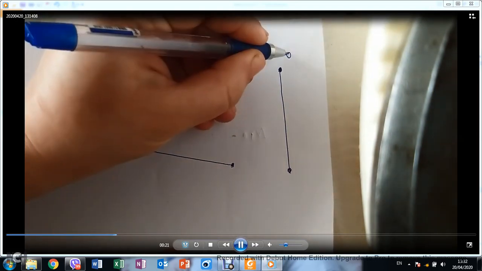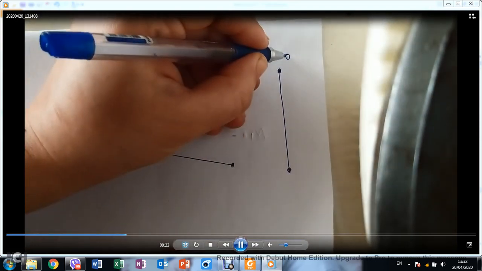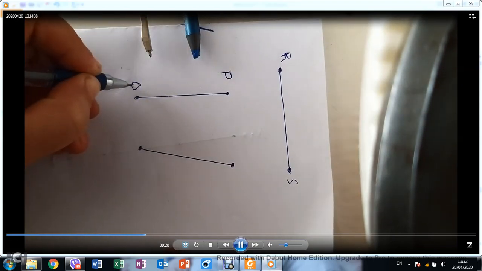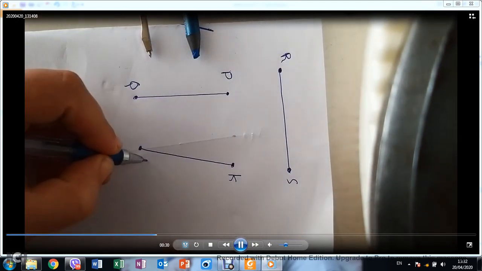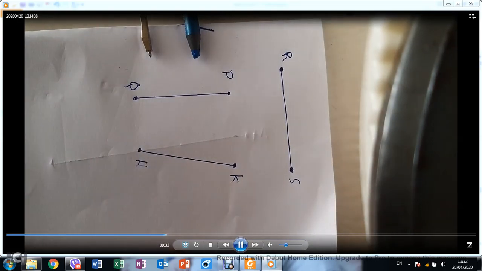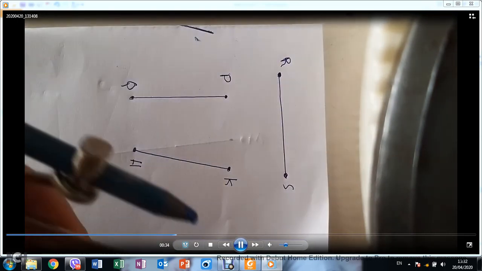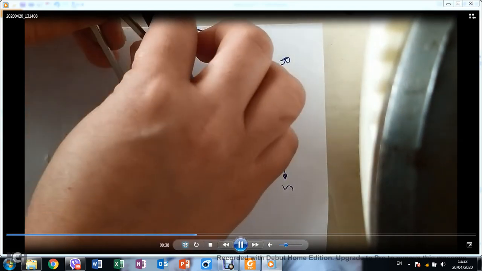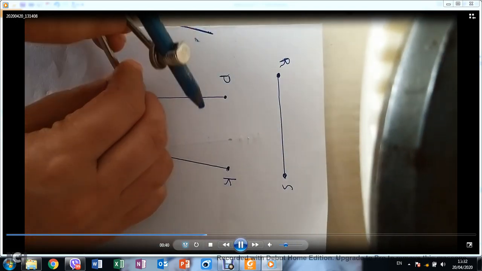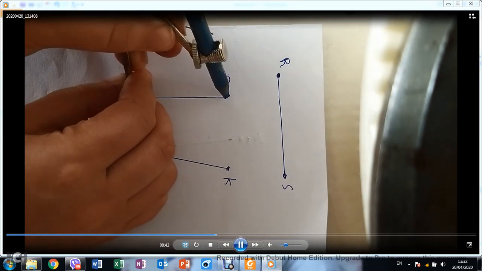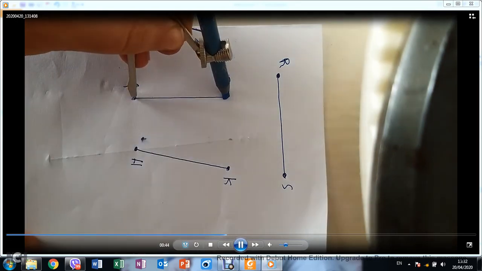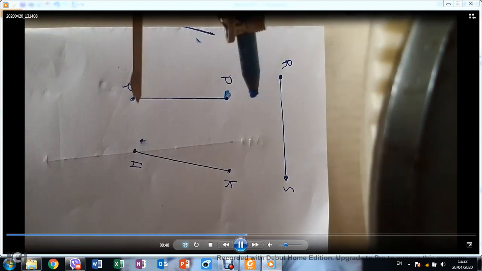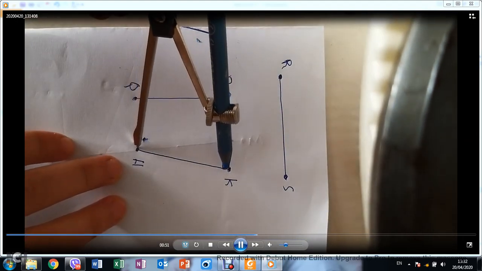We have line segments RS, PQ, and KH. Now we measure these line segments with the compass. Put the compass needle at one of the endpoints and the pencil at the other, and open it. Now keep the compass opening, and at the same setting we measure all the lines.